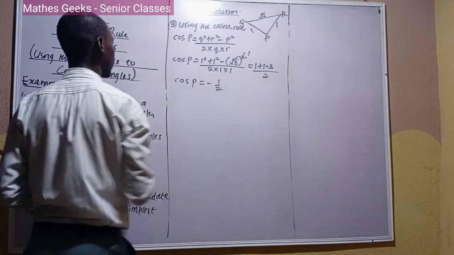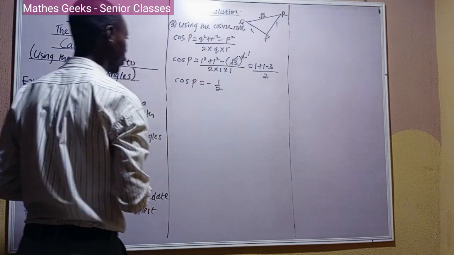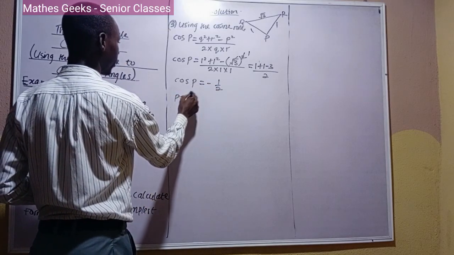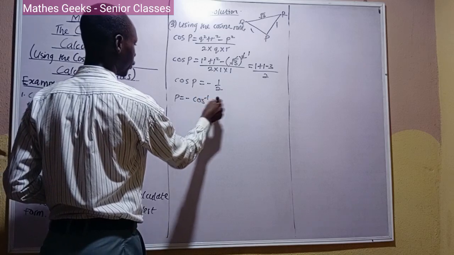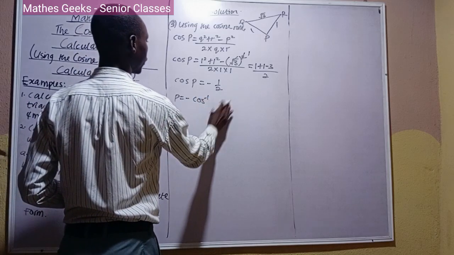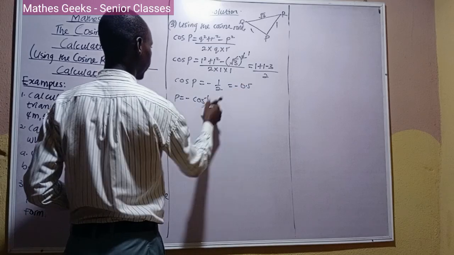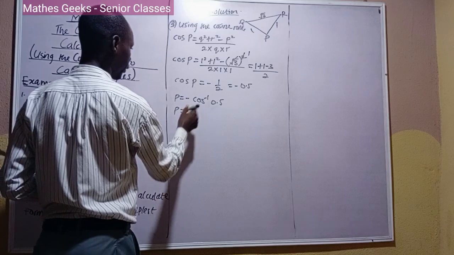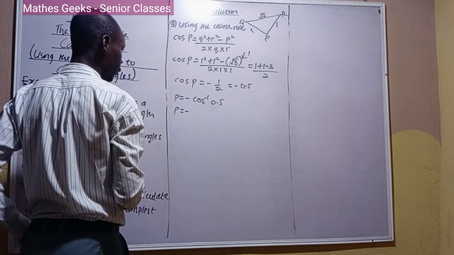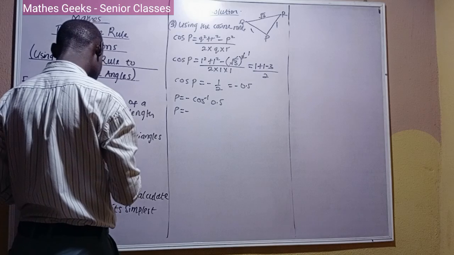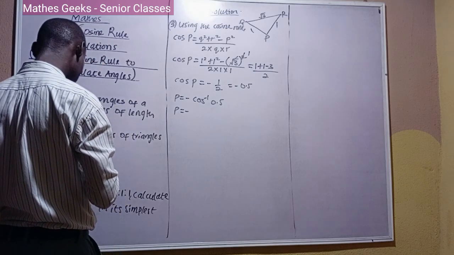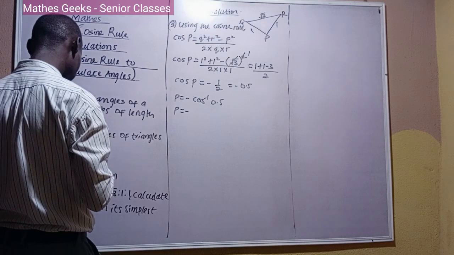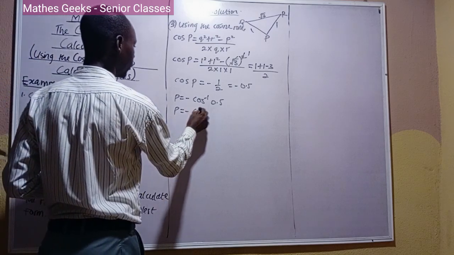So this indicates that the angle P is in the second quadrant. Let's get the acute angle first. Arc cos of 1 over 2, which is 0.5, gives 60 degrees.